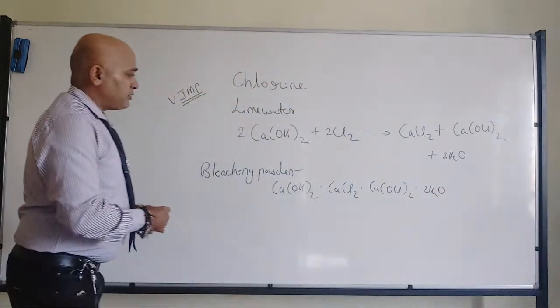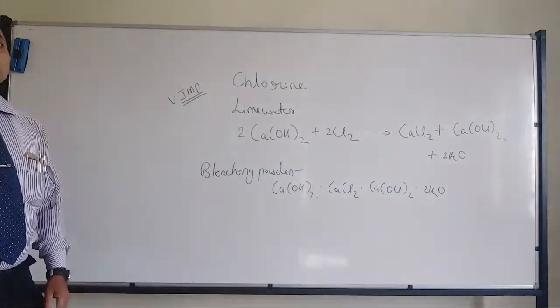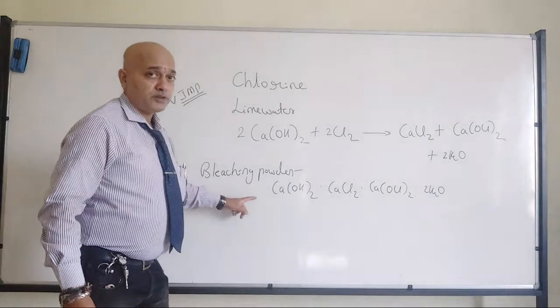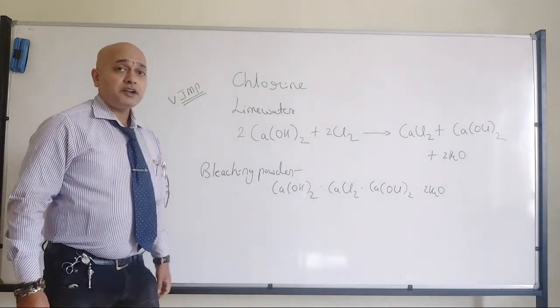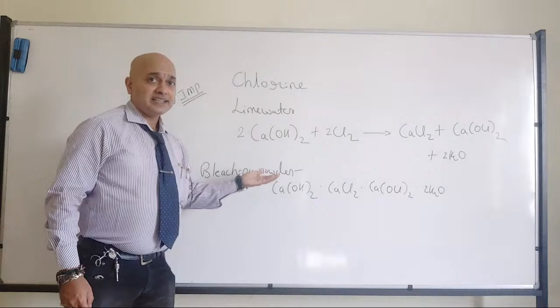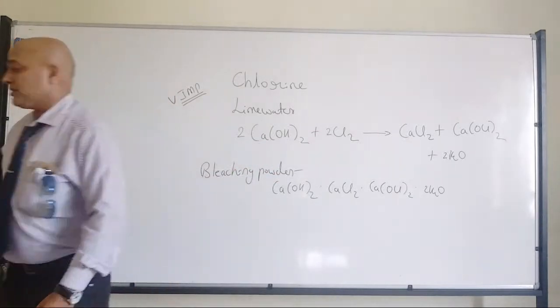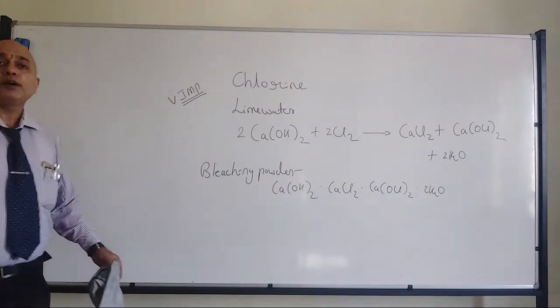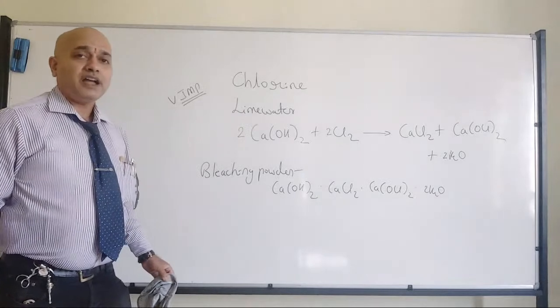These are the composition of bleaching powder. So from where calcium hydroxide came, sir? Calcium hydroxide is left over after this reaction. If any calcium hydroxide is left, and definitely it will be left over. That's where we have the bleaching powder. Fine? All of you have understood?